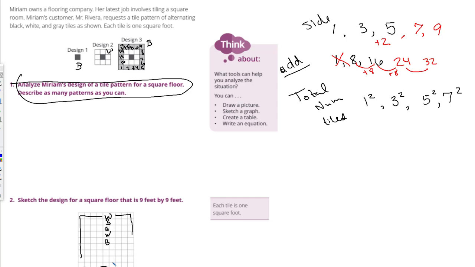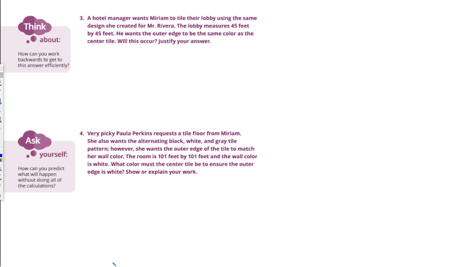A hotel manager wants Miriam to tile their lobby using the same design she created for Mr. Riviera. The lobby measures 45 feet by 45 feet. He wants the outer edge to be the same color as the center tile. Will this happen? Justify your answer.